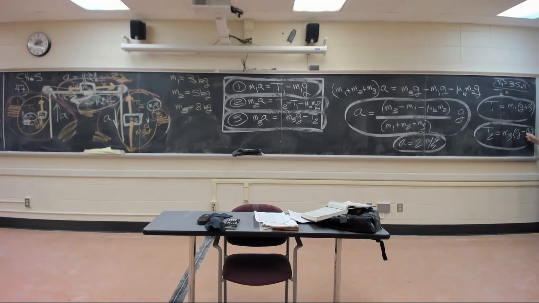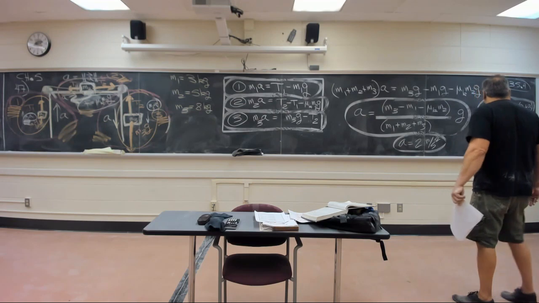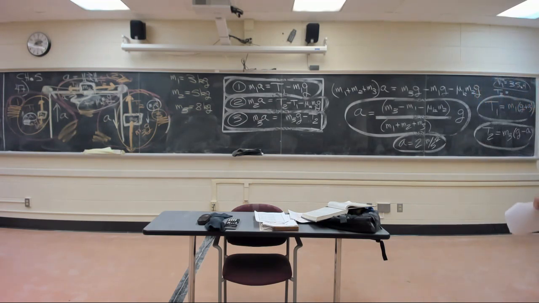It's 7.8. 7.8 times 8, because M3 is 8. 8 times 7.8, that's 56 plus 6.4, that's 62.4. Just doing this in my head, guys.